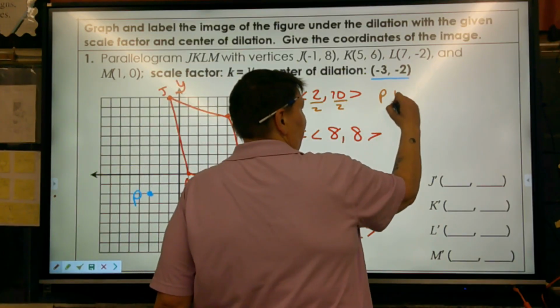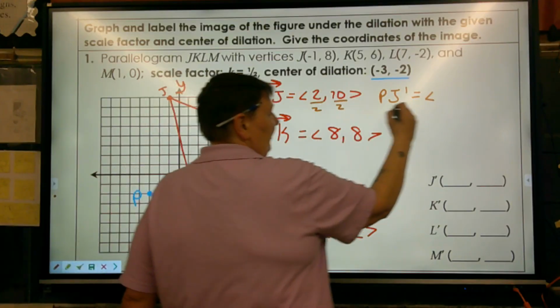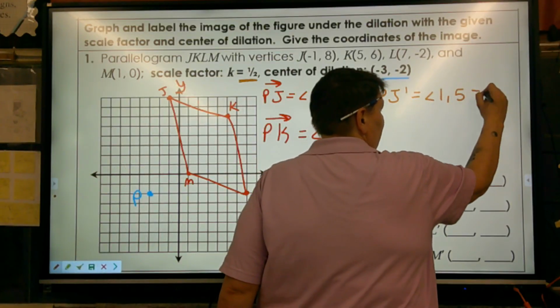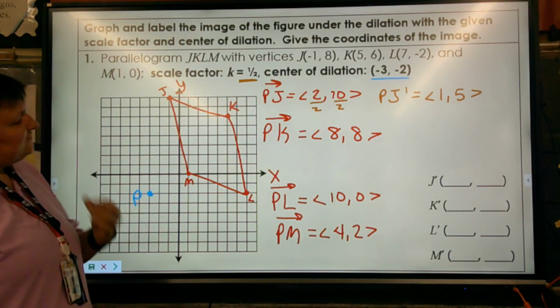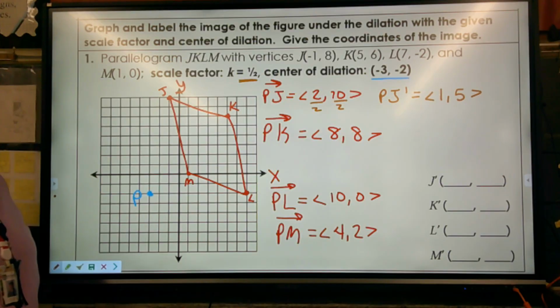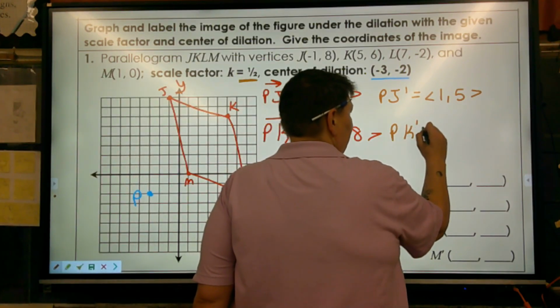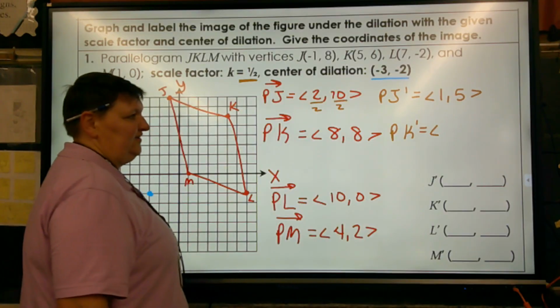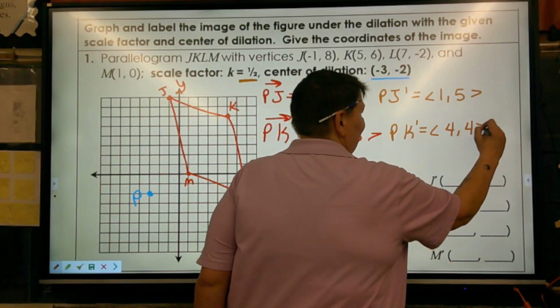So P to J prime is going to be 1, 5. P to K prime is going to be 4, 4.